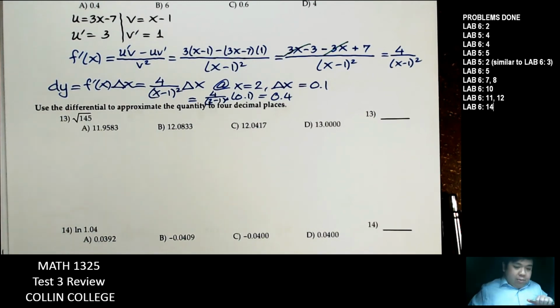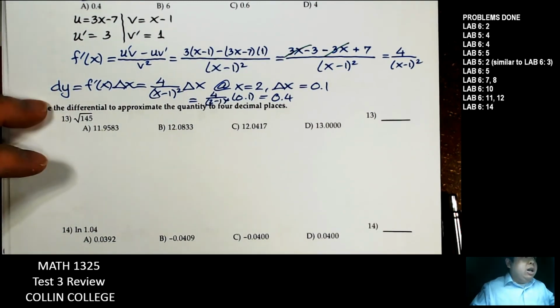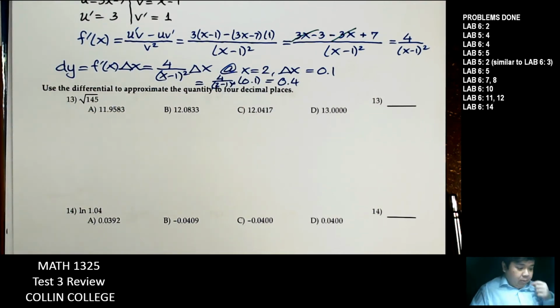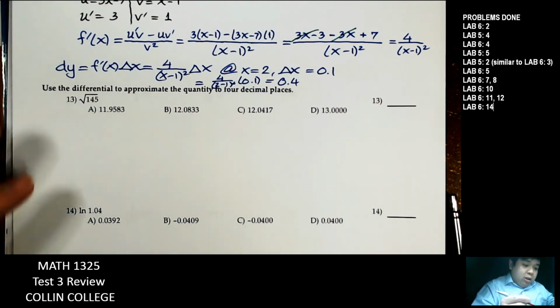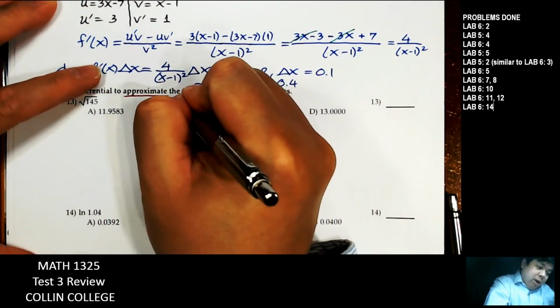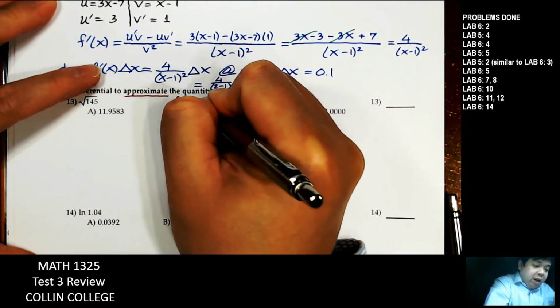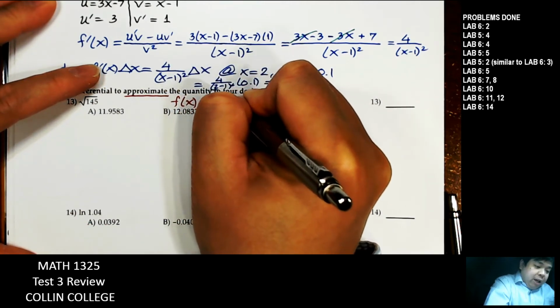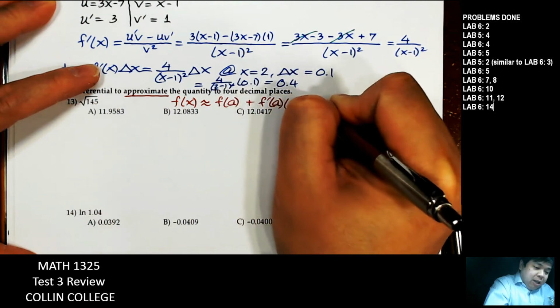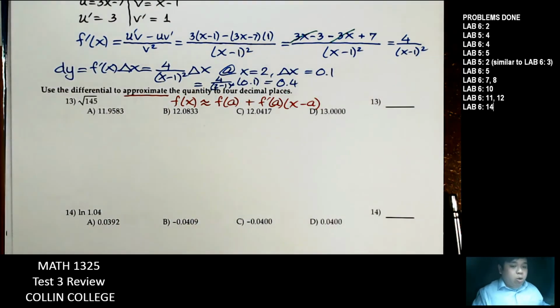So it looks like that. Right. Square root of 145. Actually, we did exactly, I mean, not exact number, but in the notes and in class we did square root of 50, so this is extremely close to it. So we're not going to do 13. What we do instead is 14.